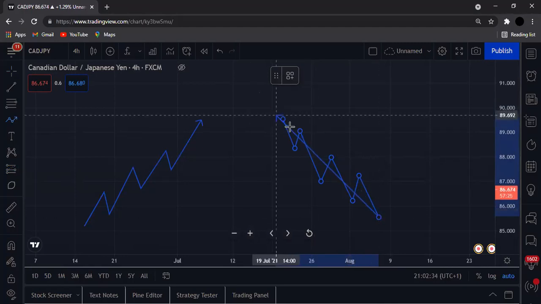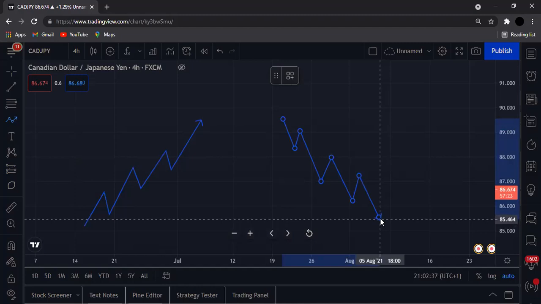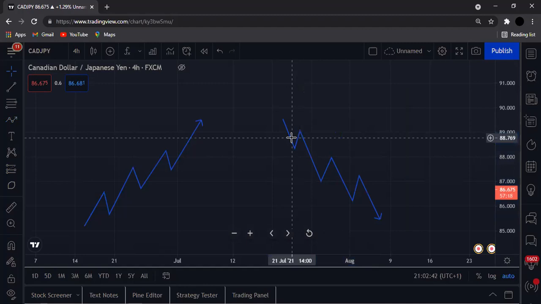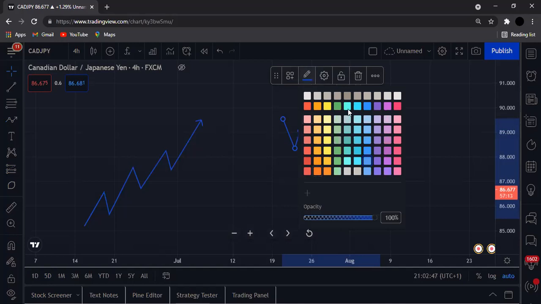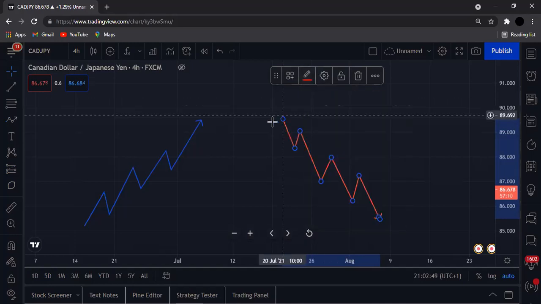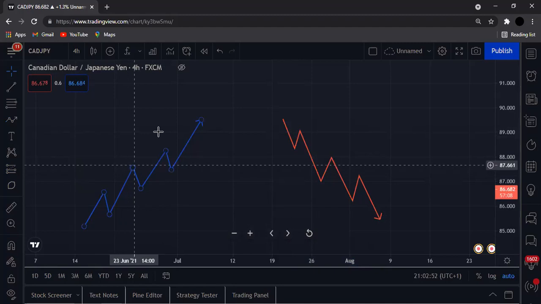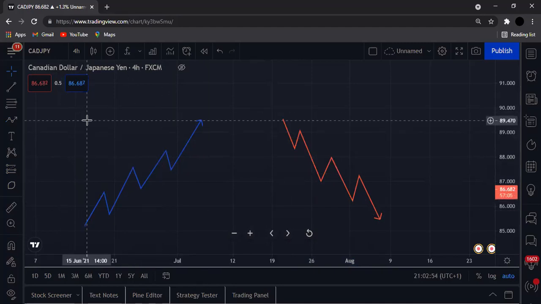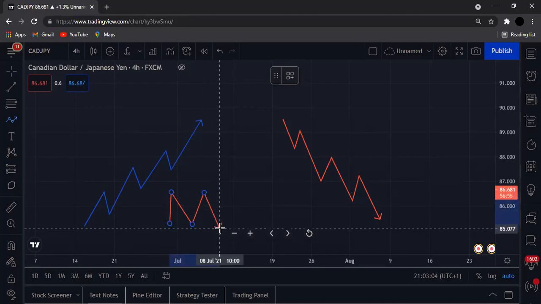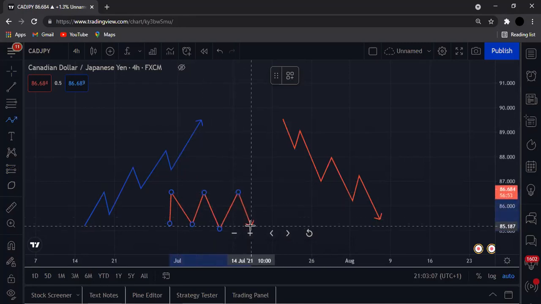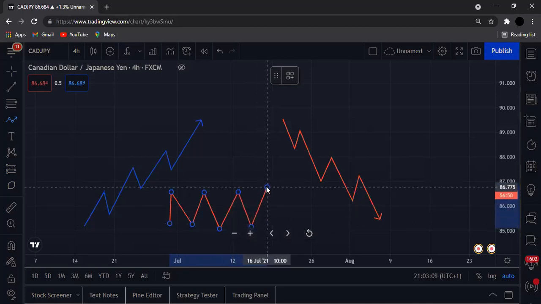So let's just identify these trends. Now the blue trend is what? An uptrend, yeah. The red, yeah, downtrend. Okay, how about this? You said there are three kinds of trends, so the up, down, and what?